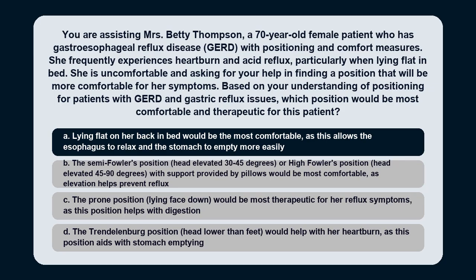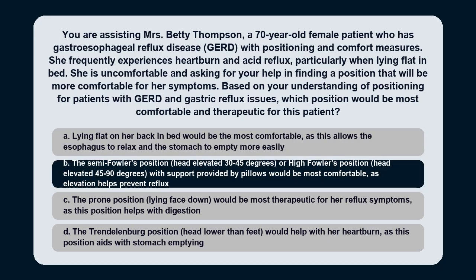Option A, lying flat on her back in bed would be the most comfortable, as this allows the esophagus to relax and the stomach to empty more easily. Option B, the semi-Fowler's position, head elevated 30 to 45 degrees, or high Fowler's position, head elevated 45 to 90 degrees, with support provided by pillows would be most comfortable, as elevation helps prevent reflux.